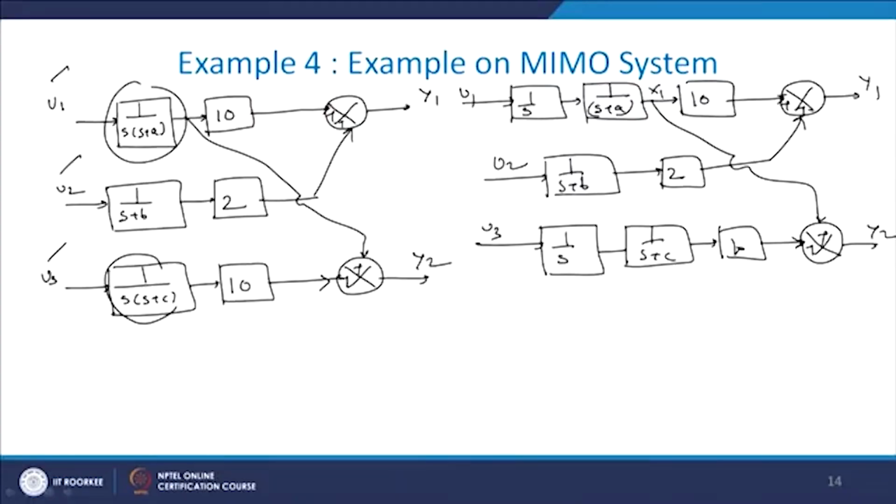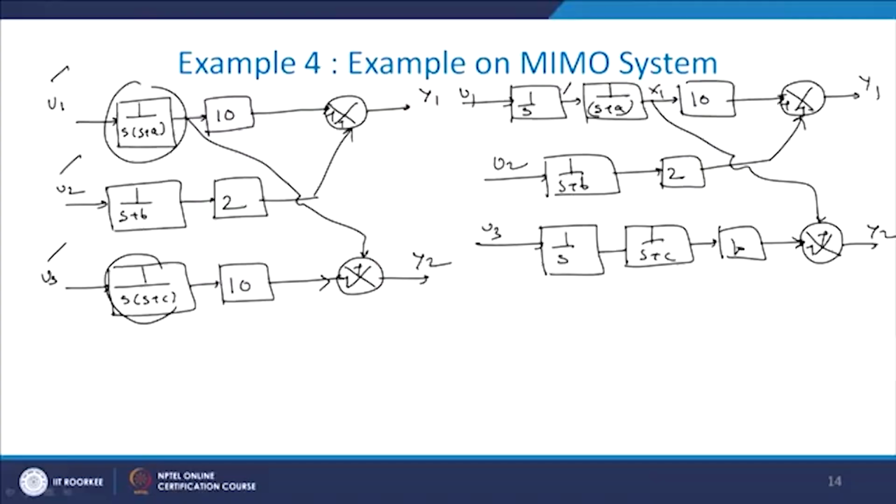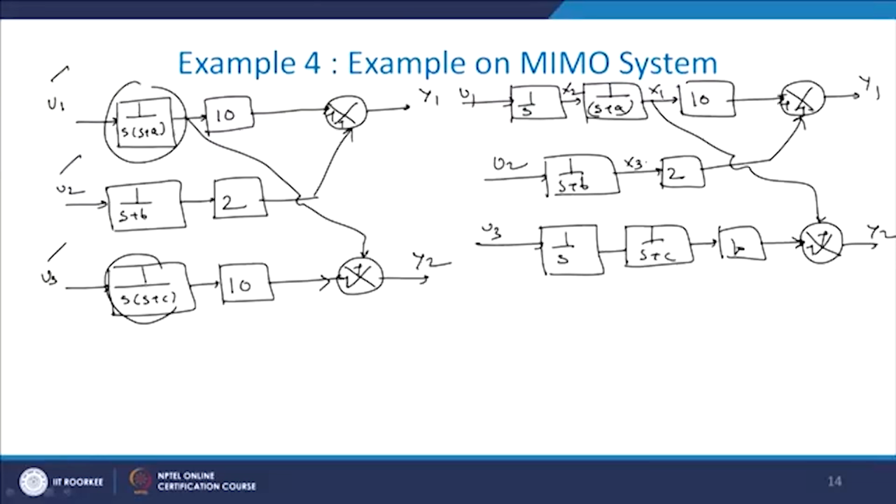Here I have taken one state x1, and here we can take x1 dot equal to x2. Then after x1, x2, here is also an integrator, so we can take state x3. Then coming here, 10, we can take the state x4, and here the state x5. So all the states have been defined.